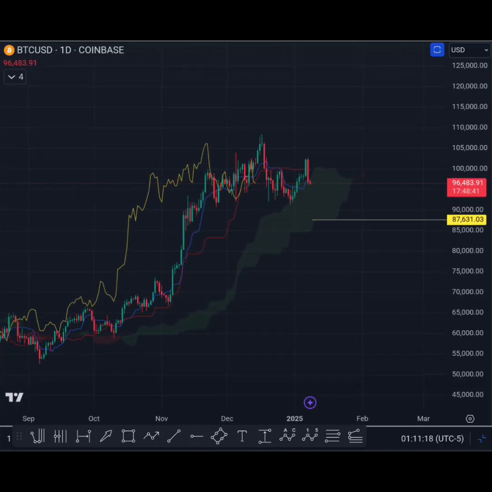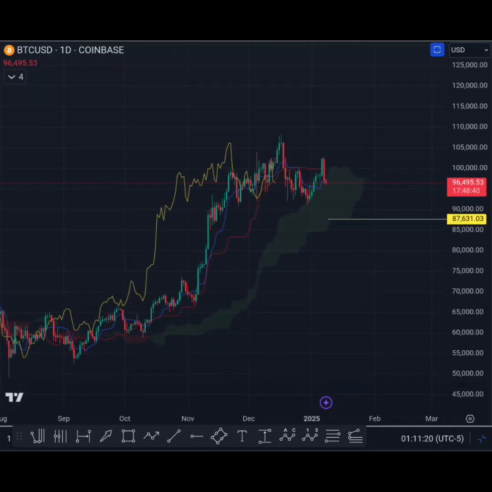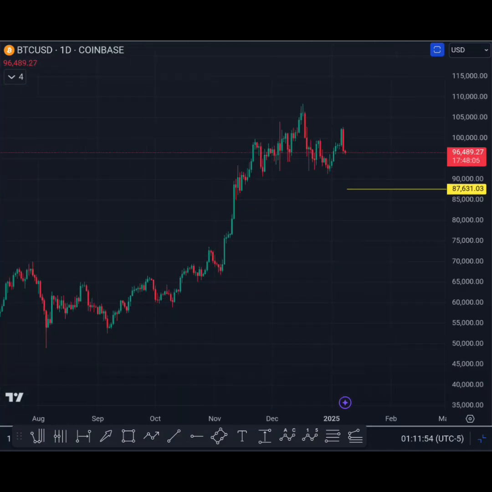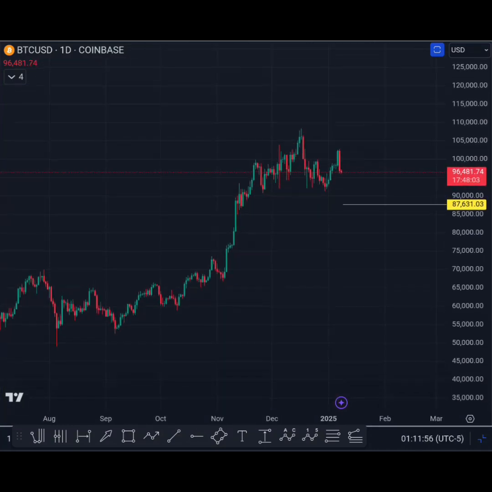But let's do a quick Elliott wave count. We'll take off the cloud. So we'll get the trend-based Fib extension tool, measuring from the August low, counting 1, 2, 3, 4, 5 for our leading diagonal.